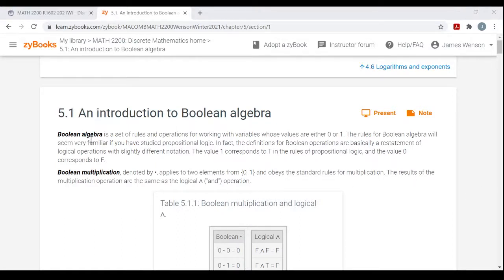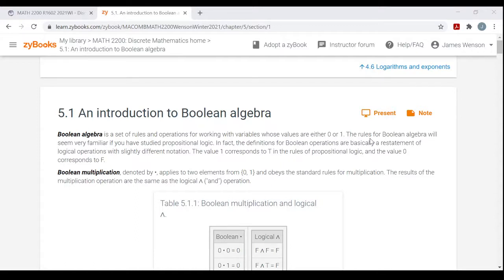So Boolean algebra is a set of rules and operations for working with variables whose values are either 0 or 1. And that's it. You're only going to see zeros or ones. Now, we're going to basically equate 0 to being false, and the number 1 will correspond to true, back when we were talking about propositions and truth values.